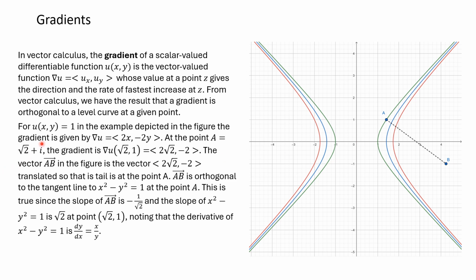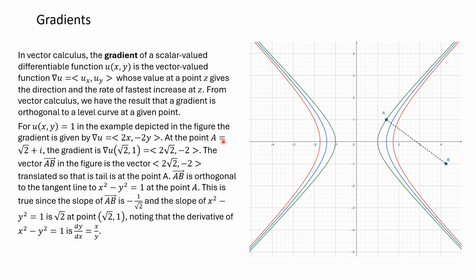So for our example, if you recall, u of x, y was x squared minus y squared, and we'll take the level curve when x squared minus y squared equals 1. So it's this green curve here, but we're only looking at the right branch. So the gradient is given by these partials, so it's (2x, minus 2y), since we're just working with x squared minus y squared equals 1 as our function u.